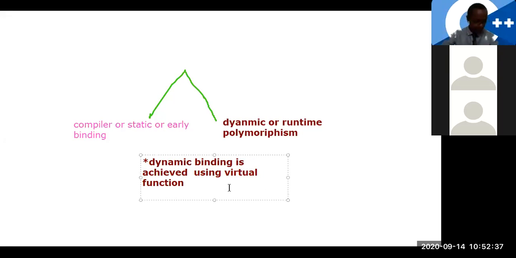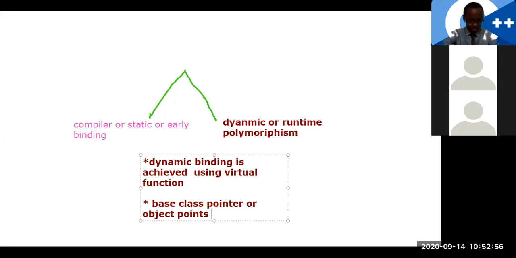Number two, the base class pointer or object pointer points to the derived class object. Now this is important.